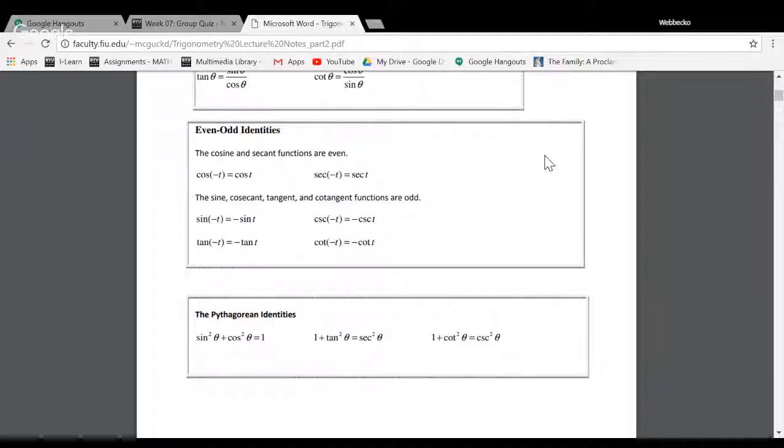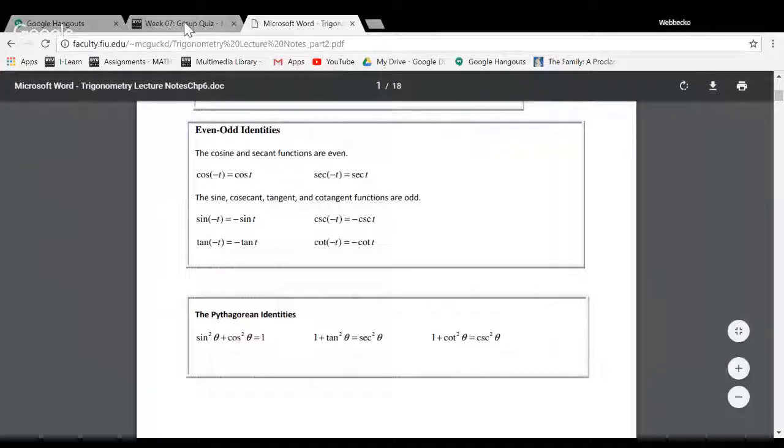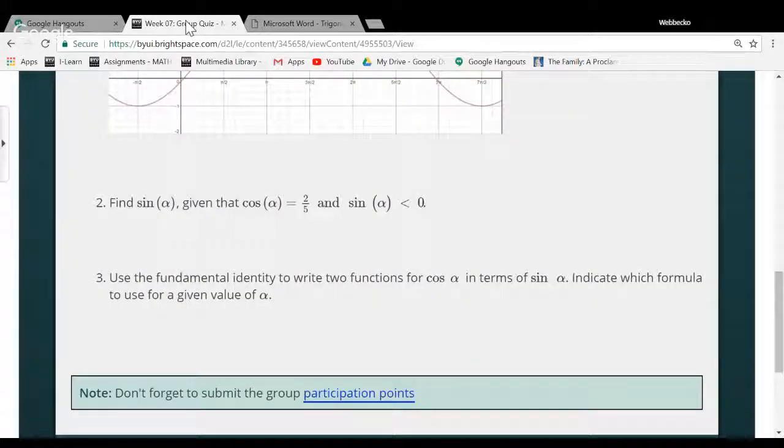Correct. That could be one that we use. So, because we have to write 2 formulas on that, right? That's what I'm kind of understanding. And then we have to indicate which formula to use for a given value of A.